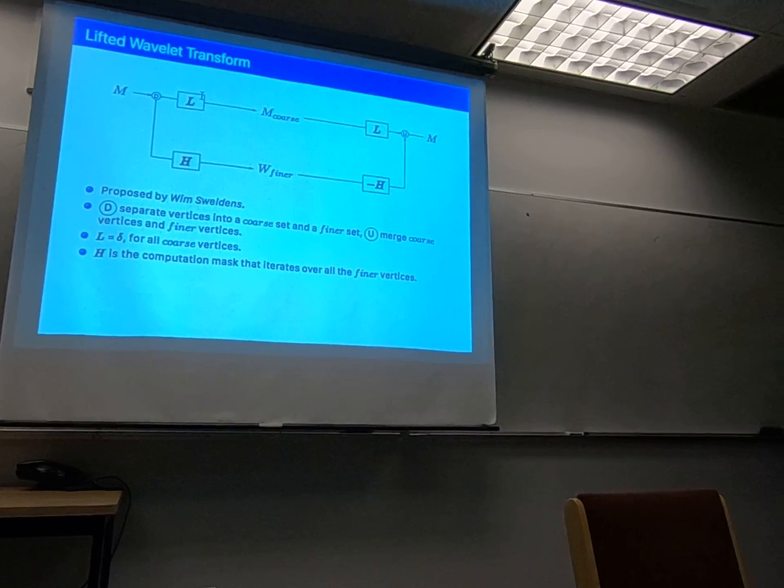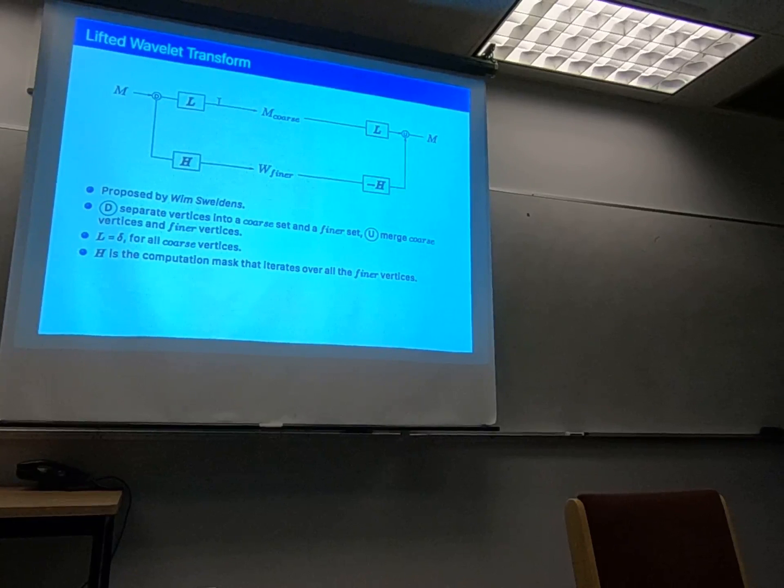So the coarse vertices pass the low-pass filter, and we get a coarse mesh. It can approximate the input mesh, but cannot achieve the best approximation, because remember in the subdivision scheme, the geometry of the coarse vertices is also affected by the finer vertices.